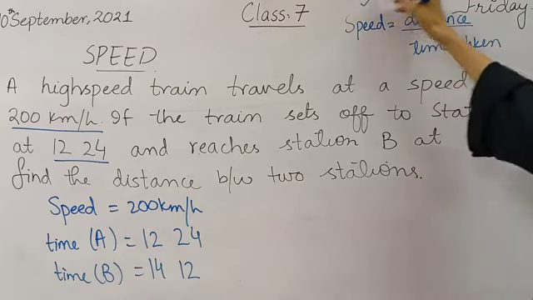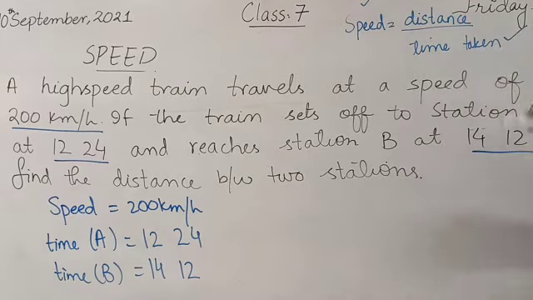We have speed, we have time, so we'll easily find out the distance. But we have two times. First of all, we'll find out the time which is taken by the train to complete its journey. Okay? So how will we calculate the time?